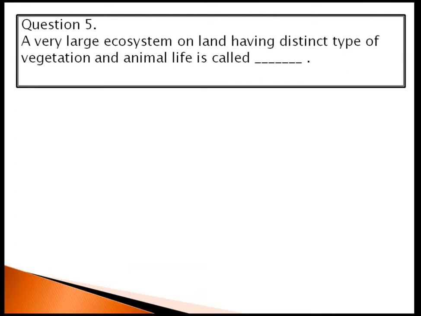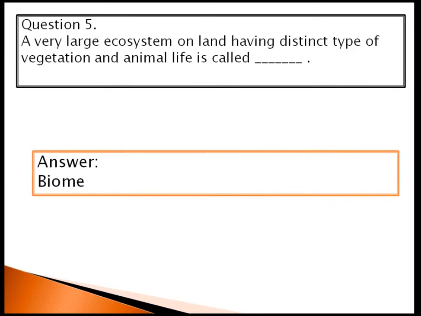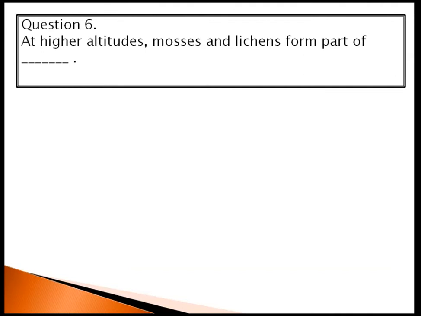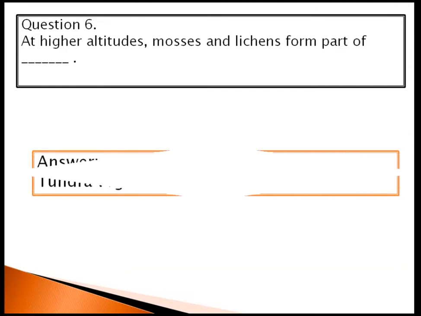Let's see the answer. So it's biome. Moving toward question number 6. At higher altitude, mosses and lichens form part of dash. Let's see the answer. So they are the part of tundra vegetation.